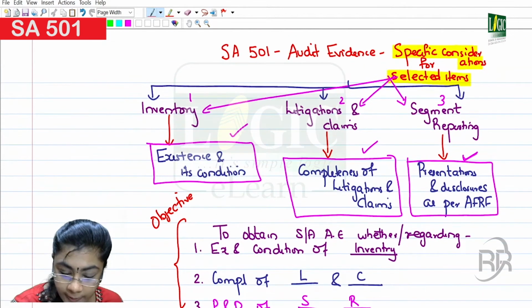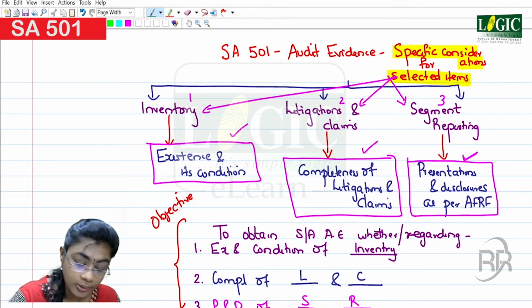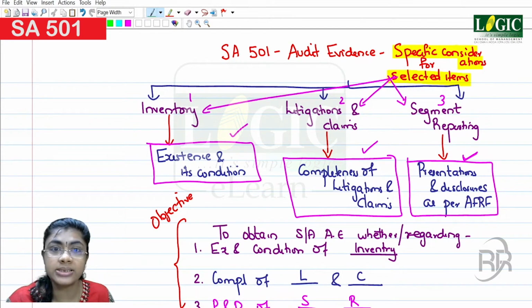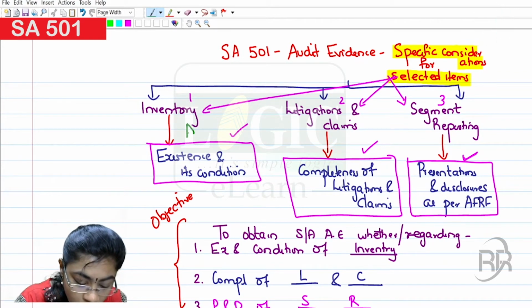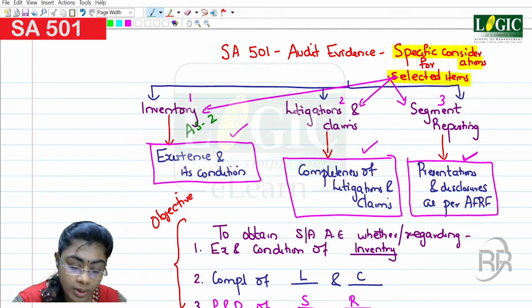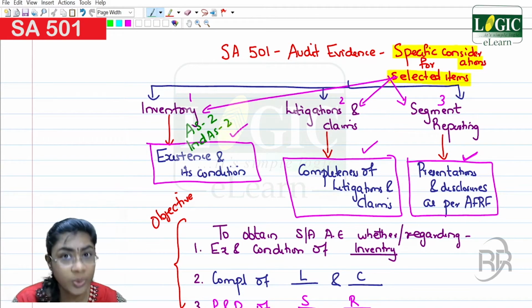And students, if you want me to link it with accounting standards, for every selected item, you have the respective AS. Here you have AS 2, which is your Ind AS 2, relating to inventory.